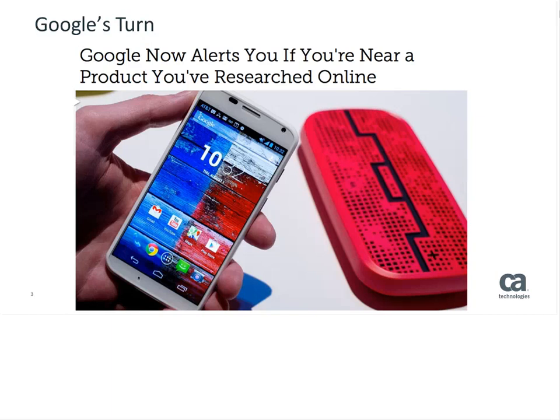Google is going to say, we noticed online you've been browsing this particular product, and we noticed you're right next to it right now, so why don't you go in the store and buy it? And I'm sure Google will work out a cut of that purchase as well. If you think about online search, now we're talking about proximity search, which is really pretty interesting. It really turns retargeting on its head.